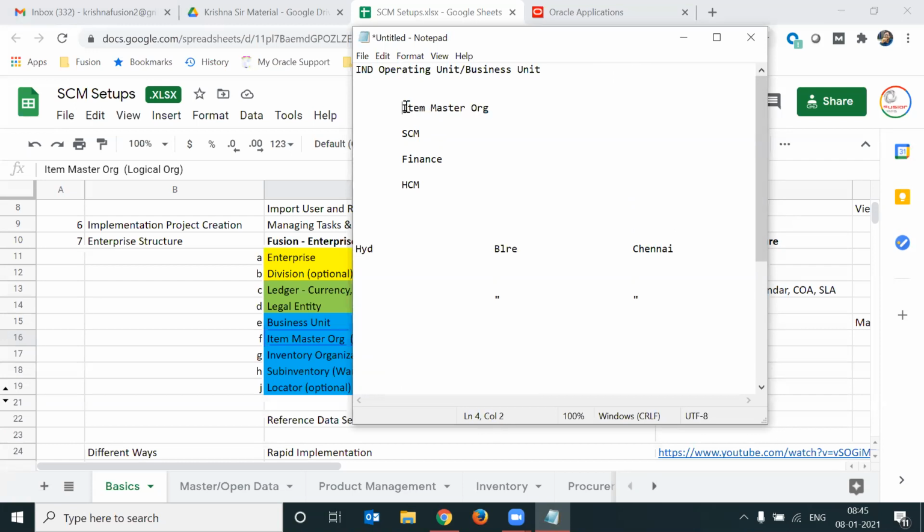The significance of this org is that all our items or products we define here, and we assign those products to the inventory organizations. That means you define once and assign the same products to the different inventory organizations that you have. So it is a repository of all your products.